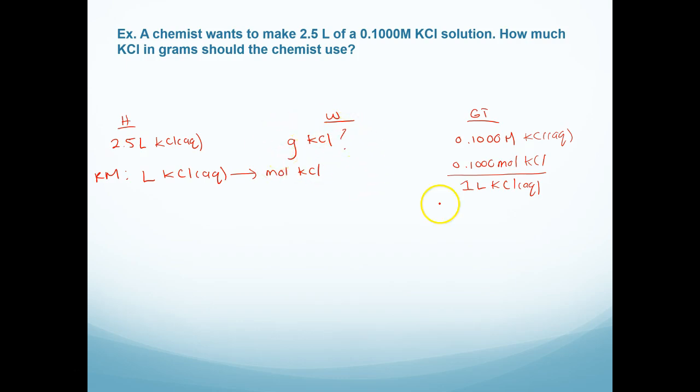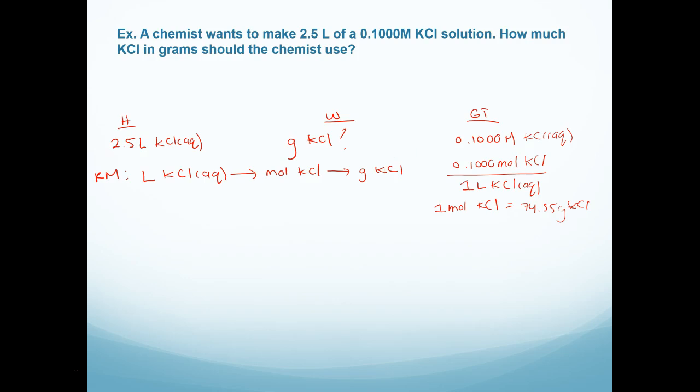So let's go ahead and write that out. For every 1 mole of potassium chloride, it is going to weigh 74.55 grams. So something else we can do is now we can go from moles to grams, which is what we want. So we want to go to grams of potassium chloride.